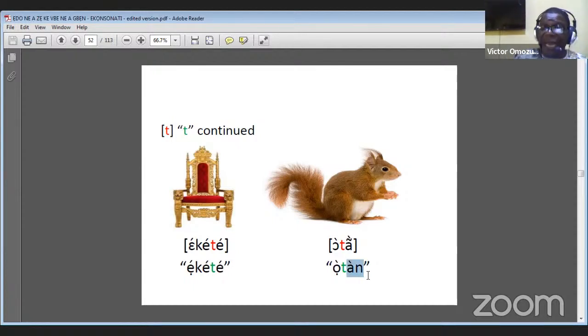The letters AN serving as a digraph represent a single sound. So if I'm going to spell that word now, I will say or, which represents this, T, which is the consonant following, and then or tan.